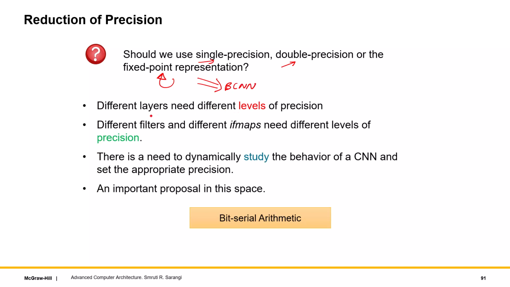Needless to say, different layers would need different levels of precision, because maybe the starting layers may need more and ending layers may need less. So that has to be taken into account. Different filters, depending upon their role, would require different levels of precision. So there's a need to dynamically study the behavior of a CNN and adjust the precision.